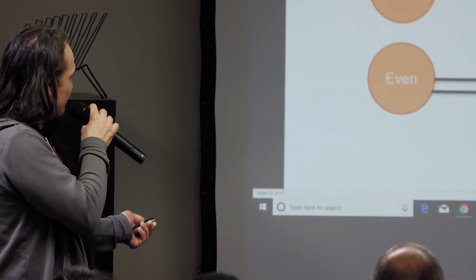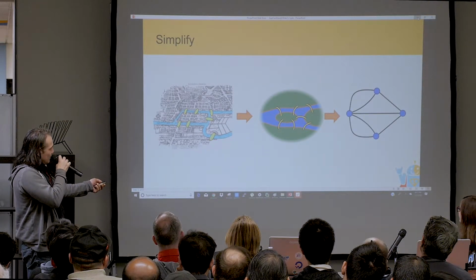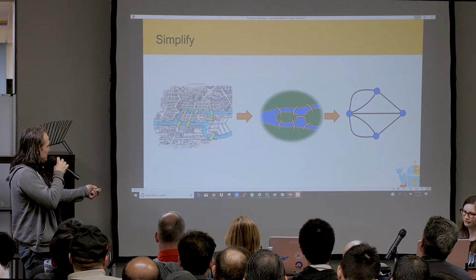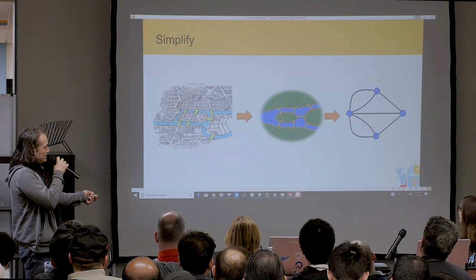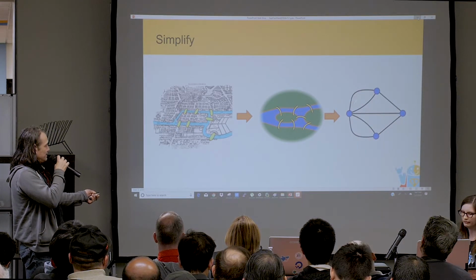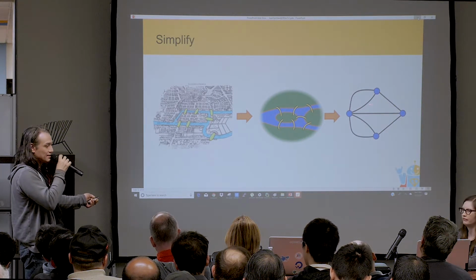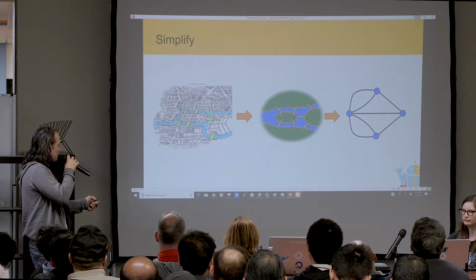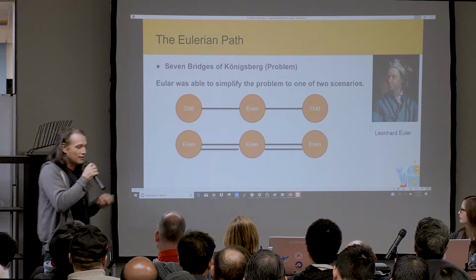What was really important is crossing over the bridges, and so he represented the land areas as simple nodes, and the bridges were represented as these edges. Once he distilled the problem to a graph, this was actually the first graph, he was able to decipher that what was really important to solve this problem was whether the edges were odd or even.